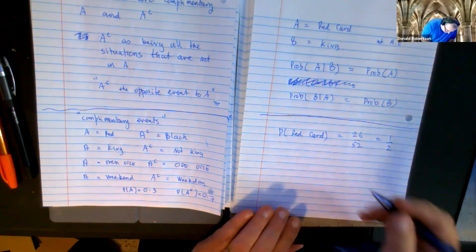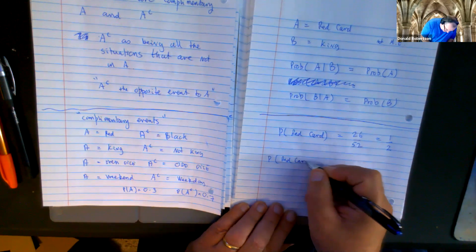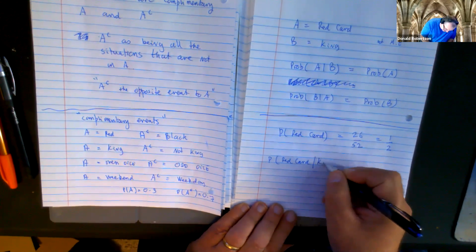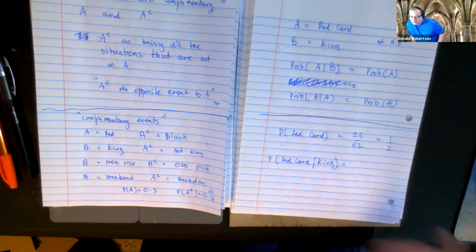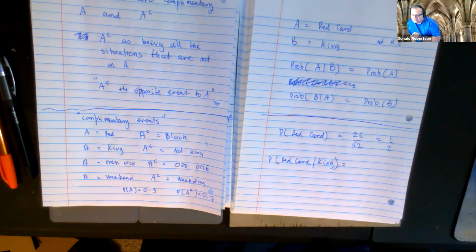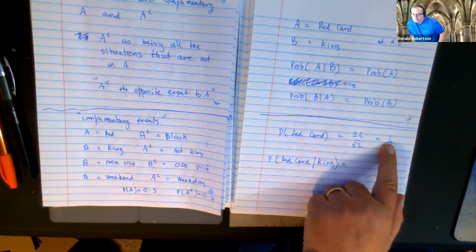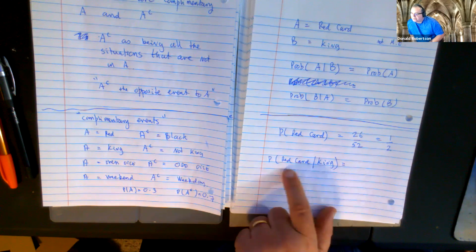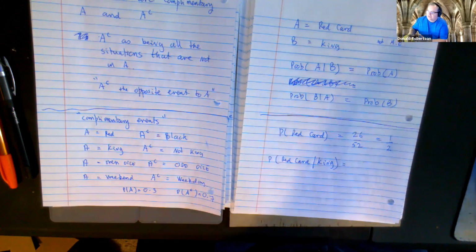Now, what's the probability that I get a red card given that it was a king? If you tell me a piece of information, in this case, that the card was a king, and that has an effect on the probability, then they are not independent events. If it has no effect, in other words, the answer is still a half, then we consider these two things to be independent events. In other words, one doesn't directly affect the other.